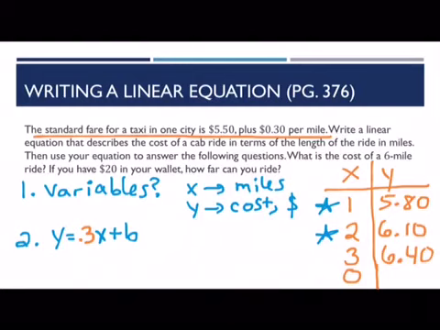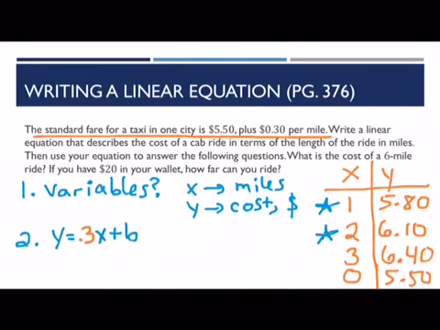All right, so going back to the original problem, the standard fare is $5.50 plus 30 cents per mile. So if you get in that cab before you even drive any miles at all, there's still a base fare of $5.50. All right, so the y-intercept would be $5.50.